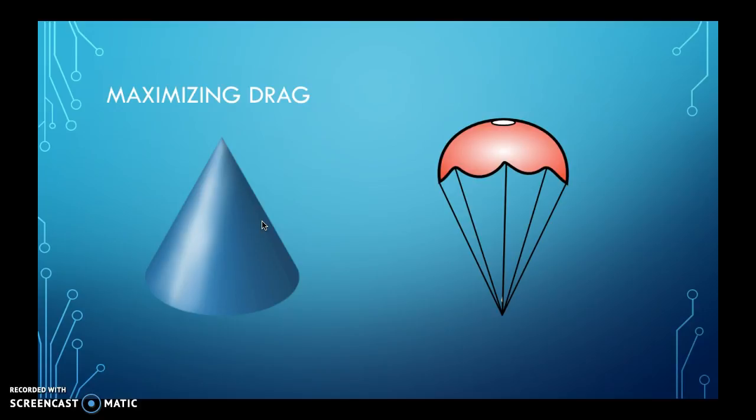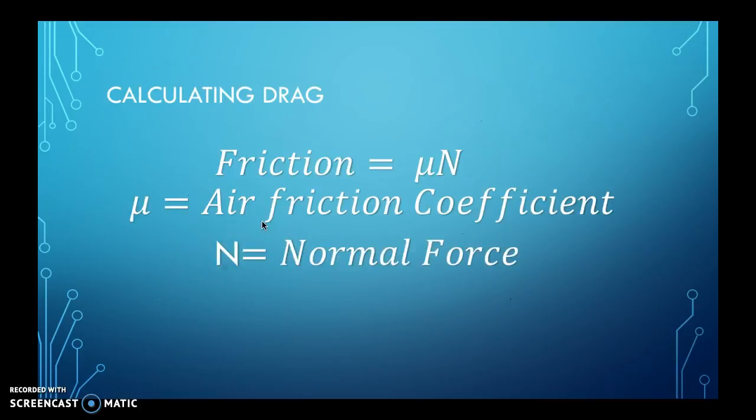What that's going to do is increase the drag, and therefore you will have less of a force of gravity pulling you to the ground. Again, your drag calculation is going to be friction equals mu times the normal force, right? And just as a reminder, your mu for this is your air friction coefficient for 25 degrees Celsius.